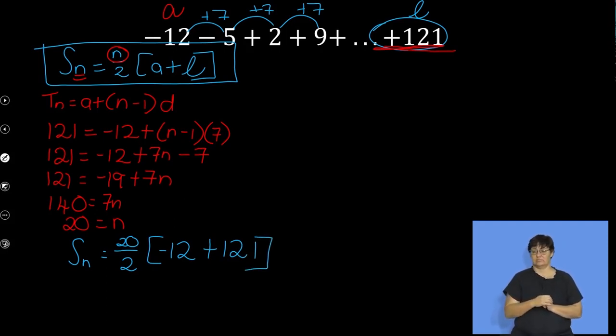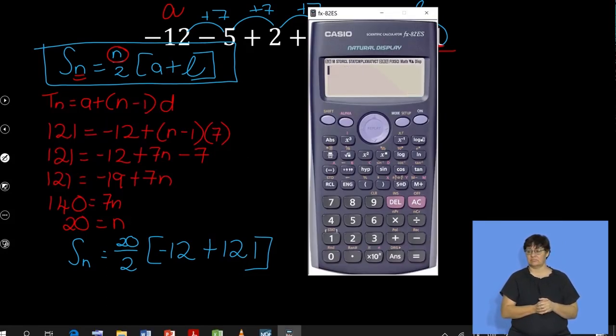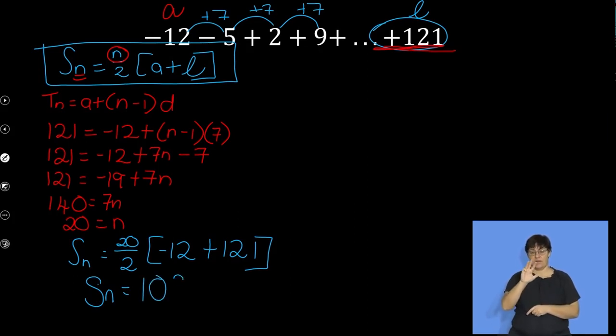So that means if I take my calculator, I'm going to have 10 times negative 12 plus 121, which means the sum of this particular series is going to be Sn is equal to 1090.